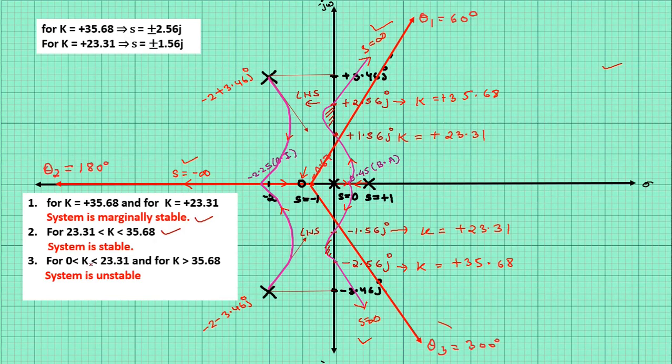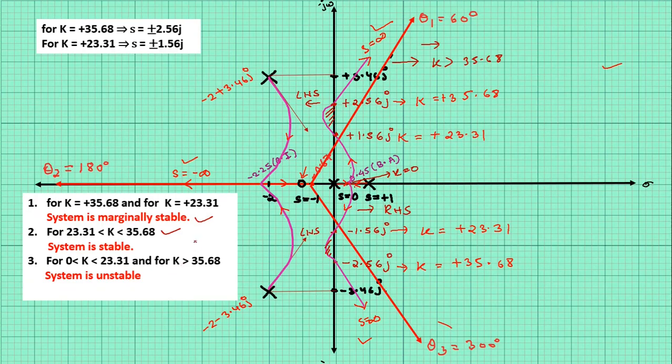And if k ranges from 0 to 23.31, this is the value of k equal to 0. So from k equal to 0 to k equal to 23.31, the root locus is lying in the right half of the s plane. Therefore the system is unstable here. And for k greater than 35.68, after this point, the root locus is lying in the right half of the s plane.